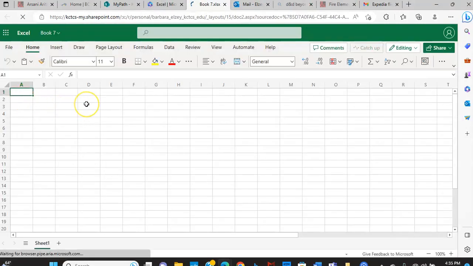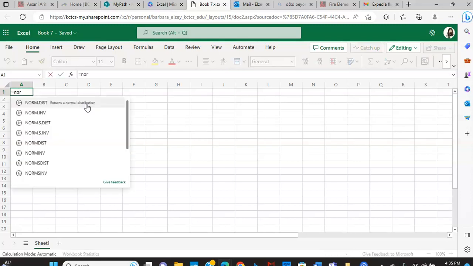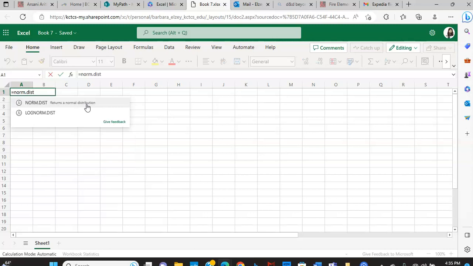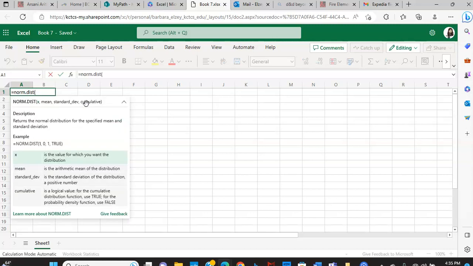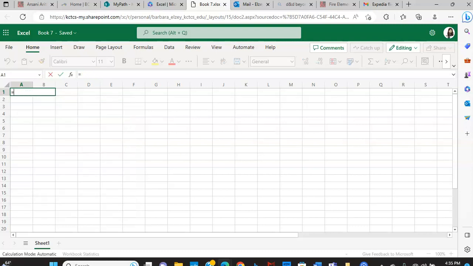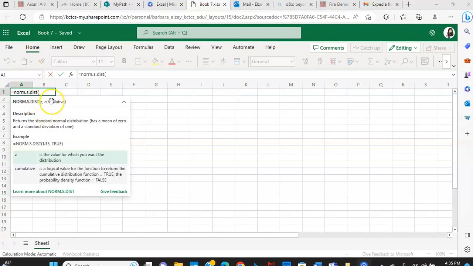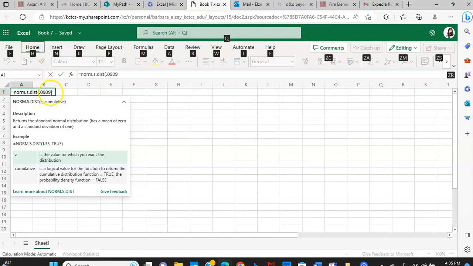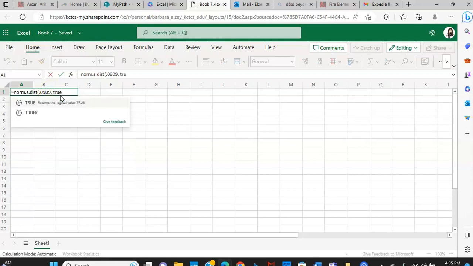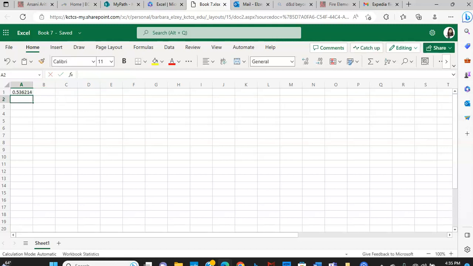I think our first z-score was 0.0909, so I'm going to do equal norm.dist, actually the one I want is norm.s.dist, and I'm going to put in that value of 0.0909 and comma, true. And then hit enter, and there's that probability, 0.5362.